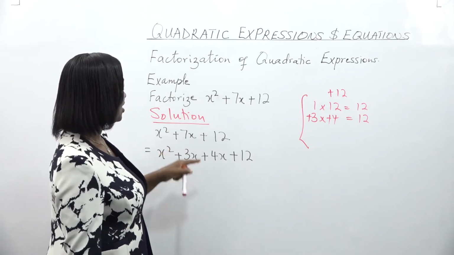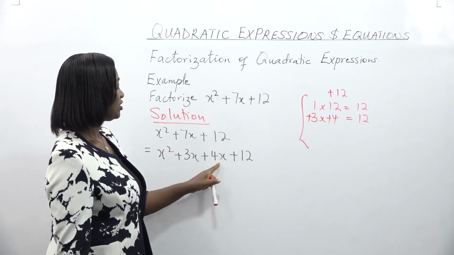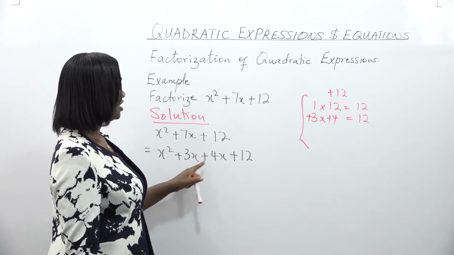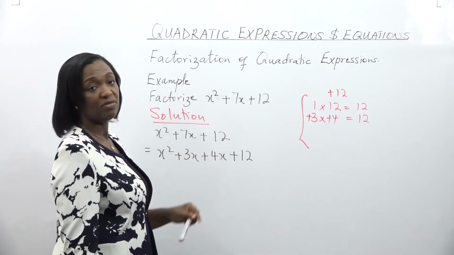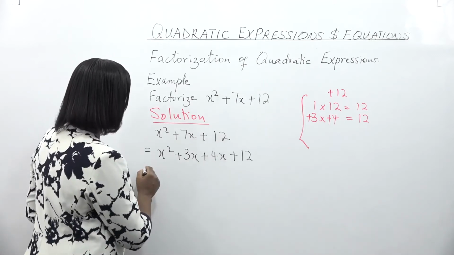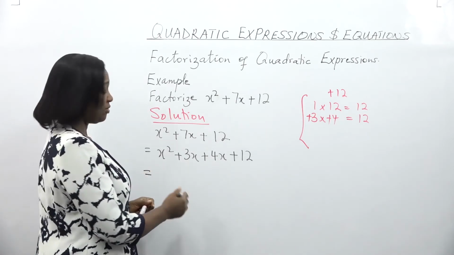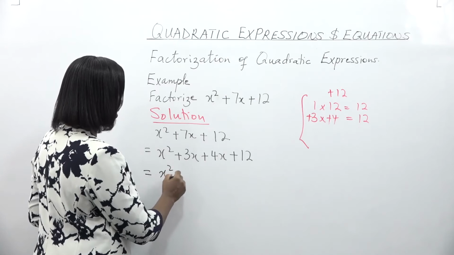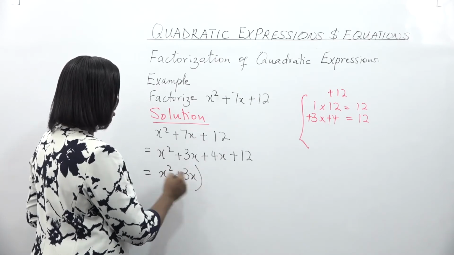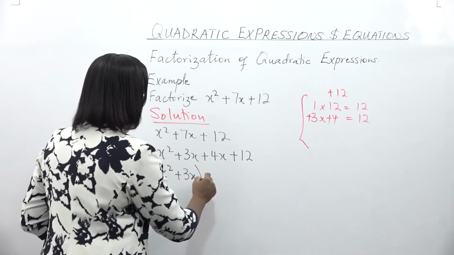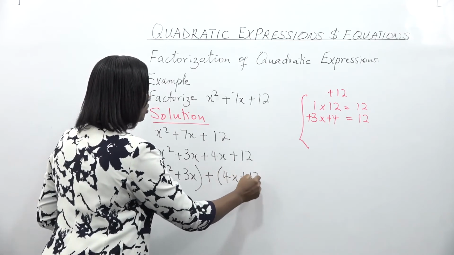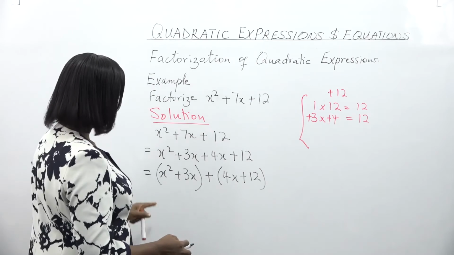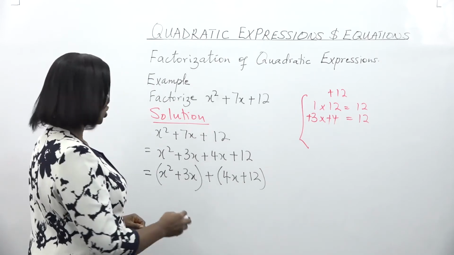We have just split 7x into 3x plus 4x, because 3x plus 4x will give us 7x, and 3 times 4 will give us 12. So we now group, as we have learned, x squared plus 3x together, plus 4x plus 12.